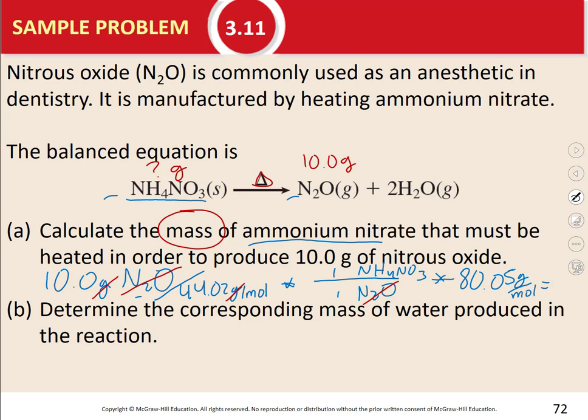So now if you haven't already started plugging in the calculator, go ahead: take your 10 grams divided by the 44.02, times the 1-to-1 ratio, or just times 1, and then times 80.05. Units: moles will cancel. We're left with grams of ammonium nitrate.